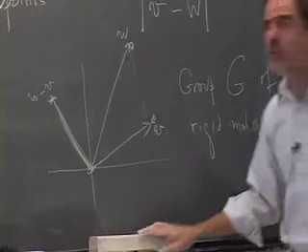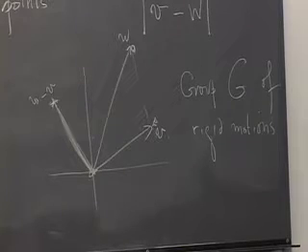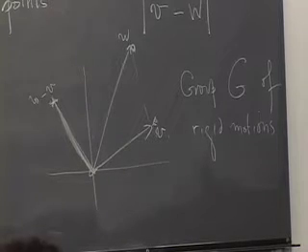Now, the group G of rigid motions contains the orthogonal group. And in fact, the orthogonal group is just the group of rigid motions that preserves the origin.